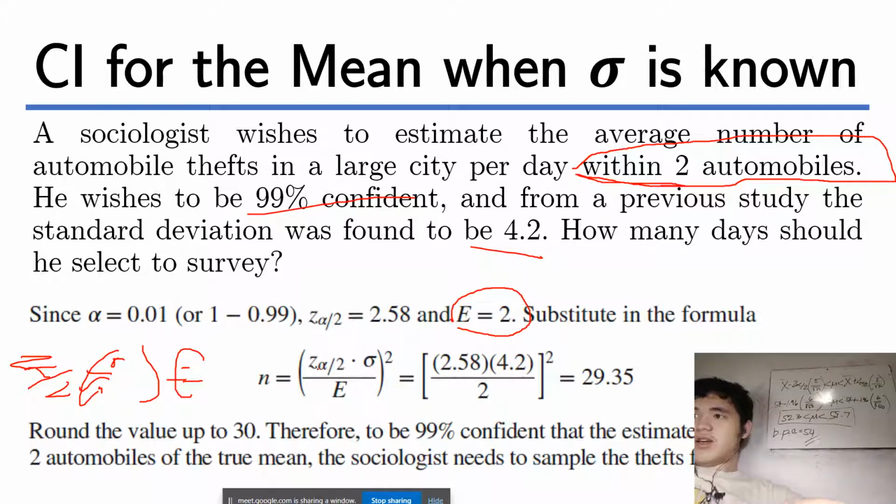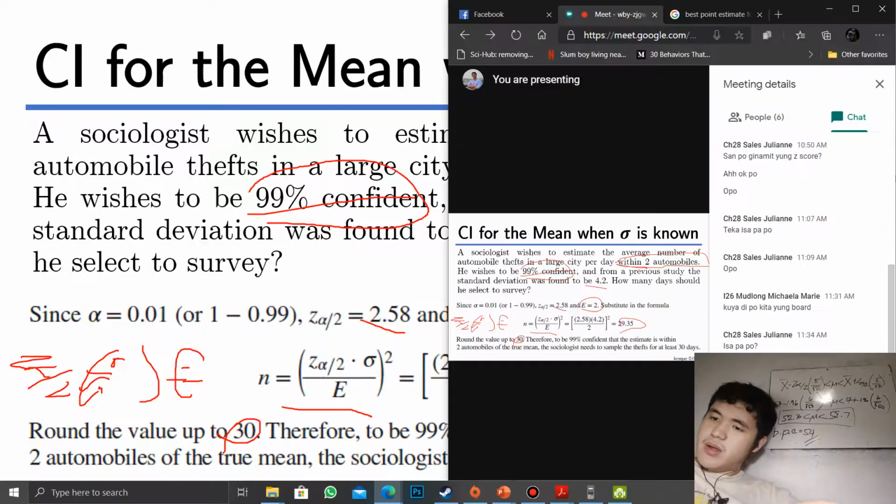N equals Z alpha over 2 times sigma over E. Z alpha over 2 dahil 99% confident, 2.576. Yung iba nila round off na to 2.58. Yan, substitute nyo lang. You'll get this. 29.35. No? Formula natin to kanina. So, round off. Di ba? Pag decimal, round off. 30 days, no? 30 days. Okay? Nakuha ba yung formula?